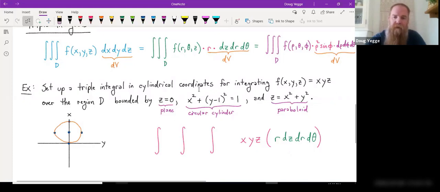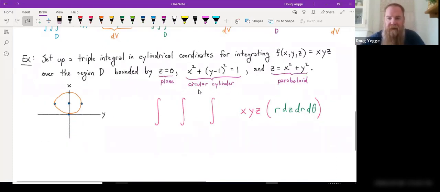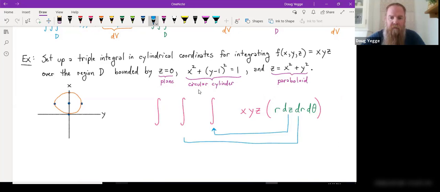Now, one thing to recognize here is that if z is the innermost region, then z must be referring to these values, and r is referring to these values, and theta is referring out to these values.